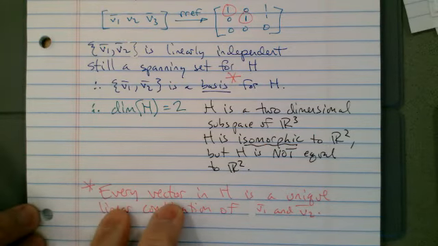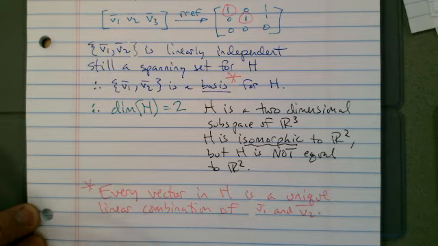We get every vector because we have a spanning set. So isomorphic just means there's a one-to-one invertible, an injective-surjective transformation from one to the other. So we can map everything in H to a unique vector in R2, and we can go back again.